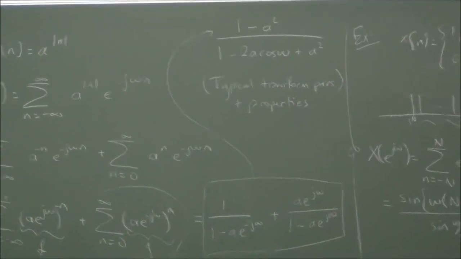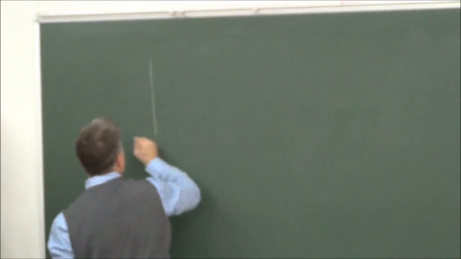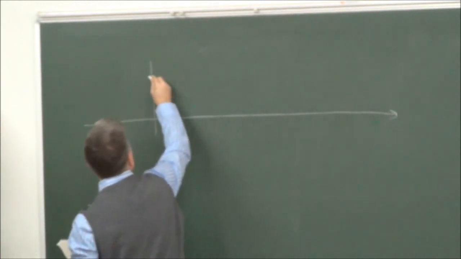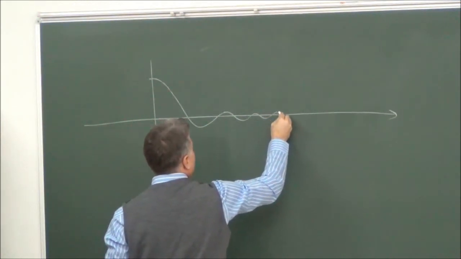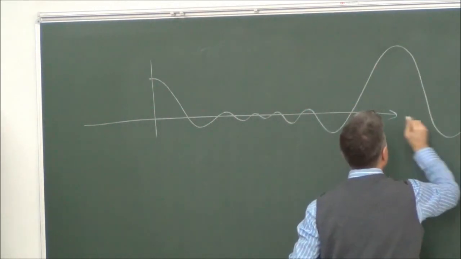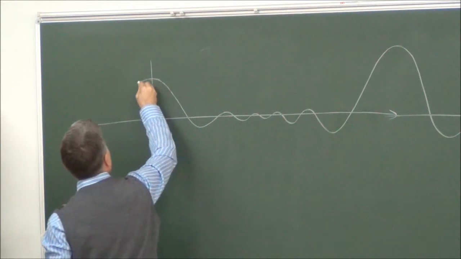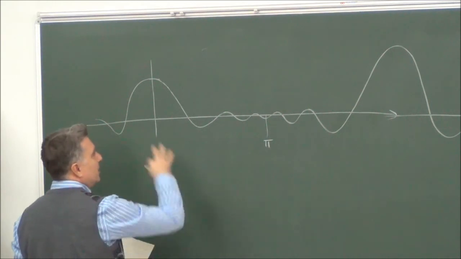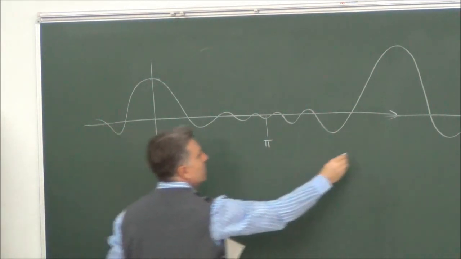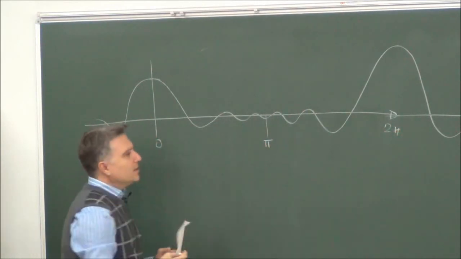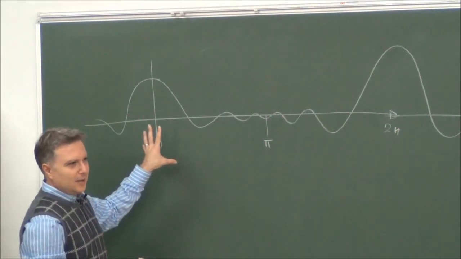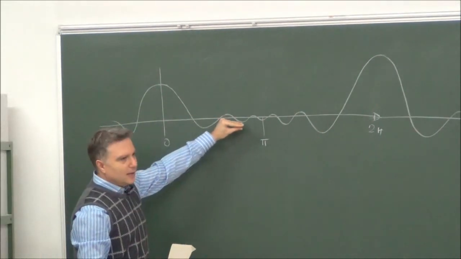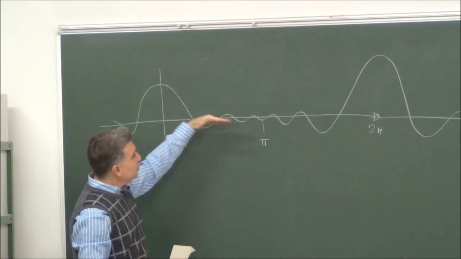So that real and symmetric Fourier transform for this rectangular box, what does it look like? I will just give you a rough idea. It looks something like this. I'm very sorry about my poor drawing, but the situation is something like this. It shrinks towards pi, and this is 0, and this is 2 pi. Since everything needs to be periodic, it looks like a sinc, by the way. It is decaying like this, just like a sinc, but up to pi only.